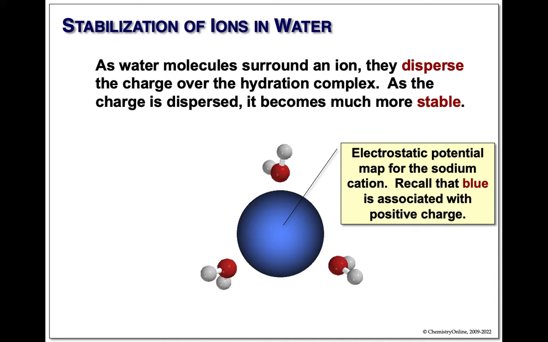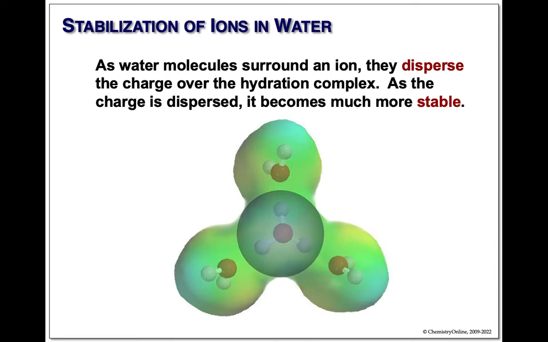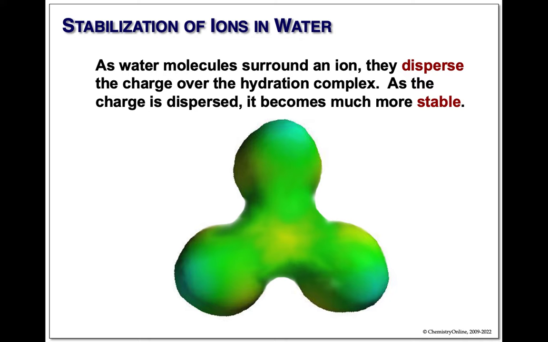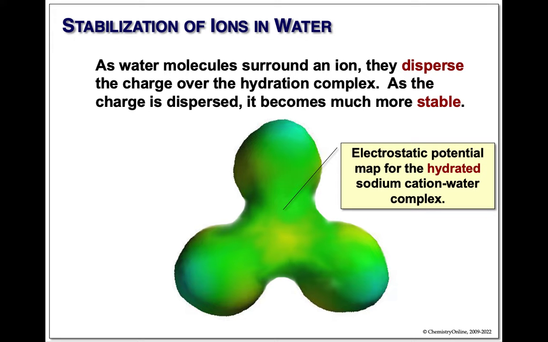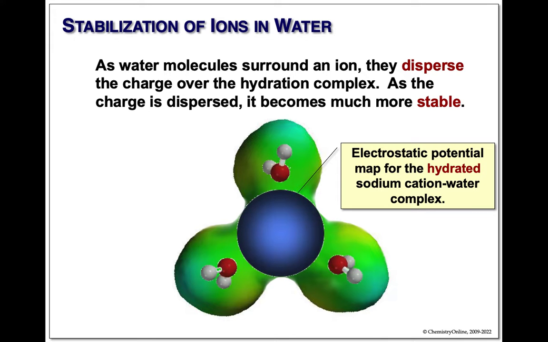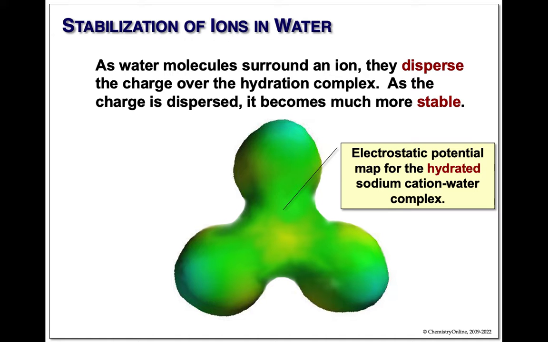What I'm going to do next is tell my computer to take this entire cluster and calculate electron density and then color it. What we get is something like this. Remember, our big blue ball was right here, and it's gone. We instead have distributed this charge over these three water molecules, and everybody is delightfully green.